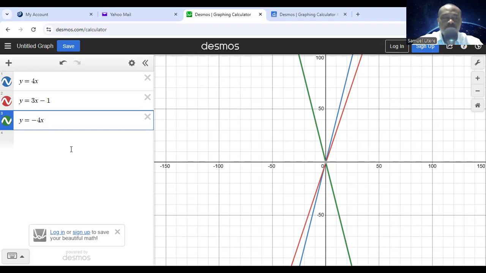But when the coefficient is positive, the graph rises from bottom left to top right. So it slopes upwards. Okay, let's get back to our presentation.